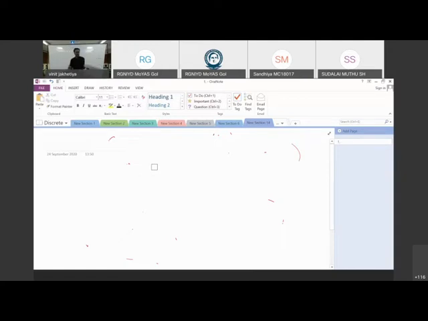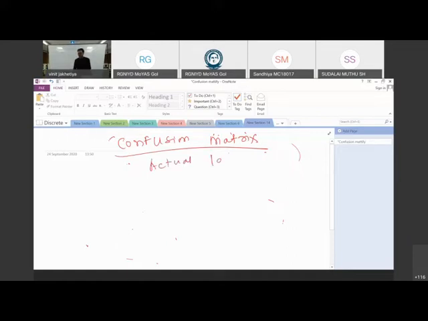So the most famous one is the confusion matrix. Pretty simple and pretty easy. Let's say this is your actual label, and this is your predicted label.